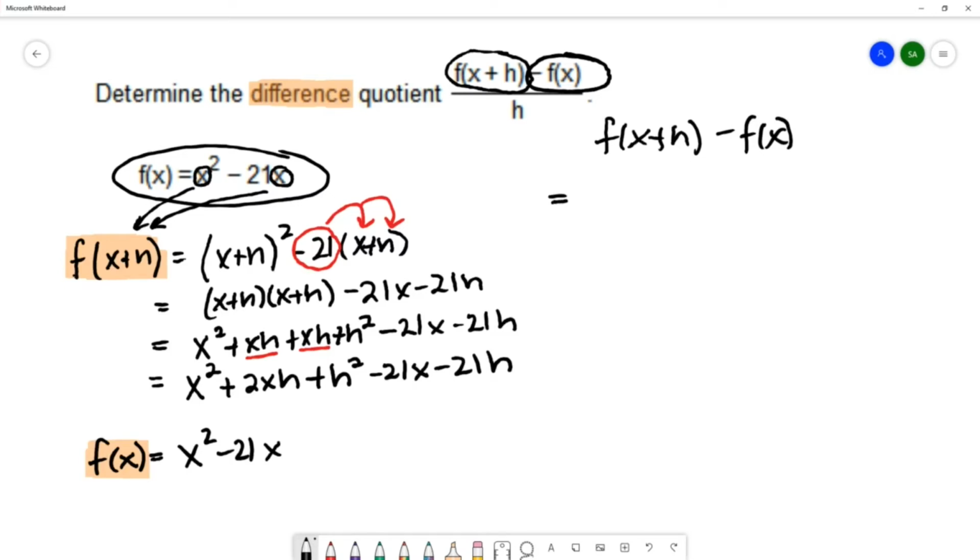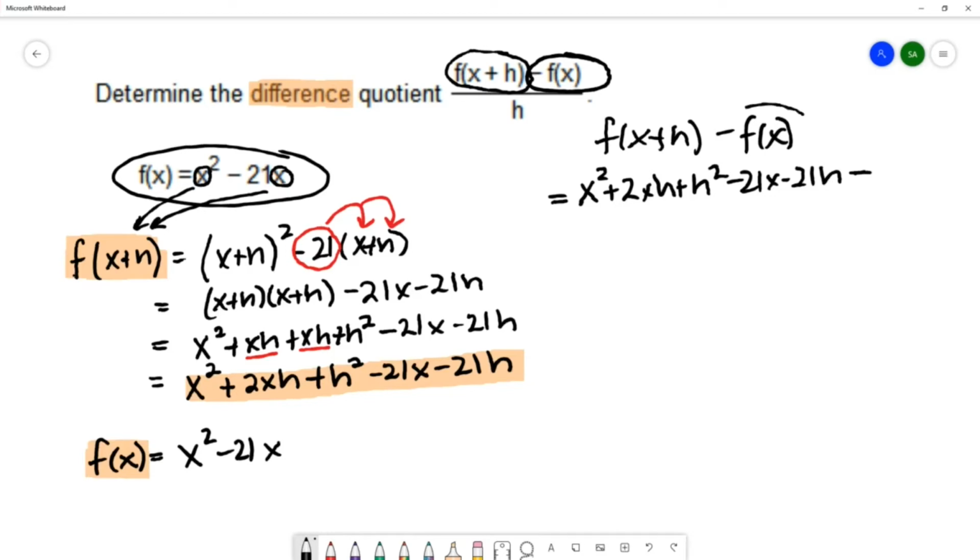We've already calculated f of x plus h, so I'm just going to copy that down. That's x squared plus 2xh plus h squared minus 21x minus 21h. Then I'm going to put a minus here, I'm going to subtract f of x. Now this is really important.